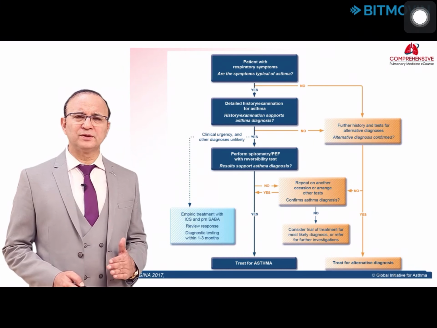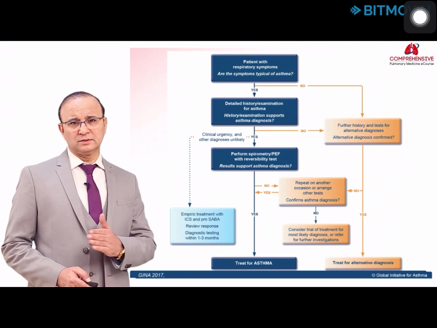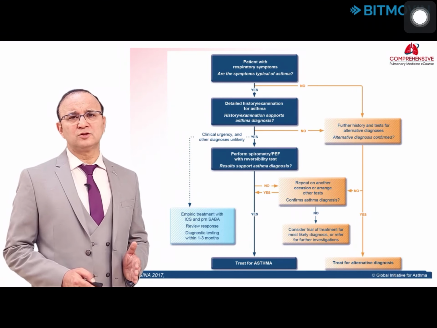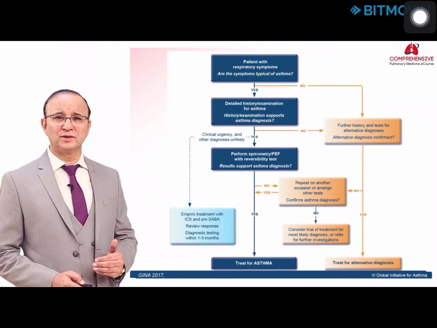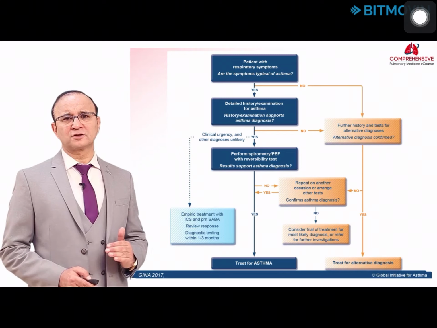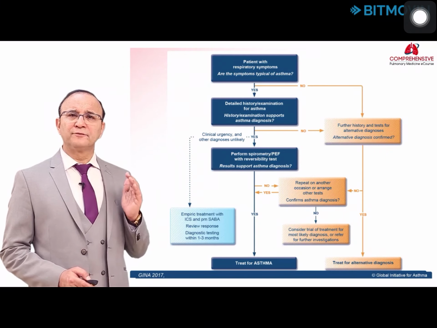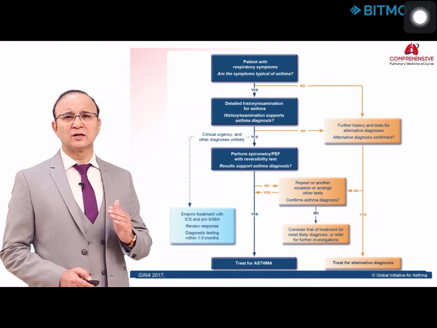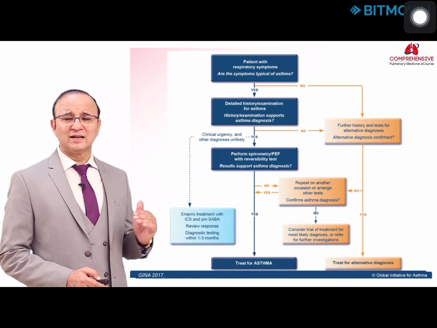But always remember, you have to differentiate it from COPD, because this can be confused with COPD, and there are patients who have an overlap of asthma and COPD. So history and physical examination, then you do a lung function, show reversibility, you confirm the diagnosis of asthma. If you don't show reversibility, think of an alternate diagnosis or repeat the test at a later date and confirm the diagnosis of asthma.